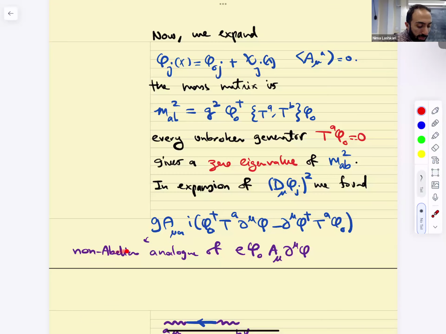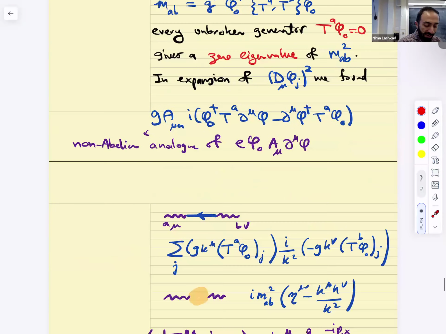This is the non-abelian analog of MA E phi naught A mu del mu of phi. This is precisely that. It's a 2-point function between the non-abelian gauge field and the propagating degree of freedom. So there's a non-abelian version of precisely the same phenomenon.